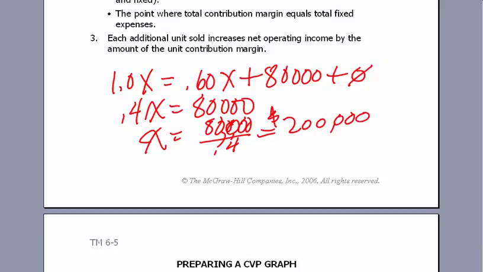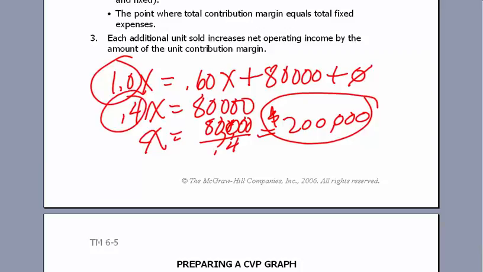If we use the decimal, we get the break-even in dollars. In the previous one, we used the contribution margin instead of the contribution margin ratio, and therefore we got the break-even in units. So it doesn't matter which way you do it.